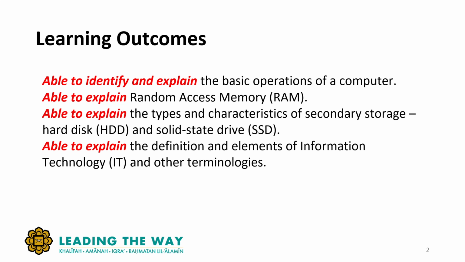In this topic, the types of secondary storage that we will discuss are hard disk and solid state drive. Also, you should be able to explain the definition and elements of information technology and other terminologies that we will use in this topic.